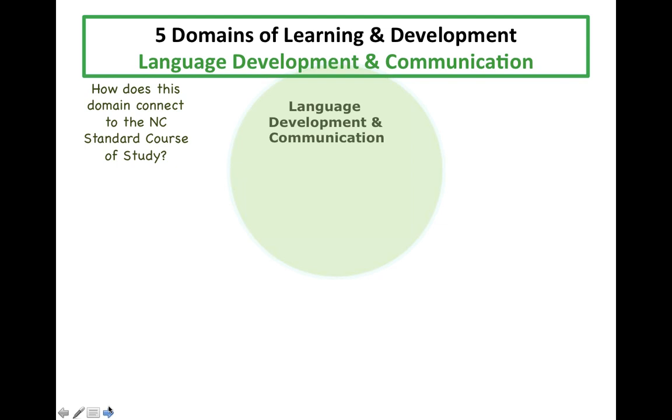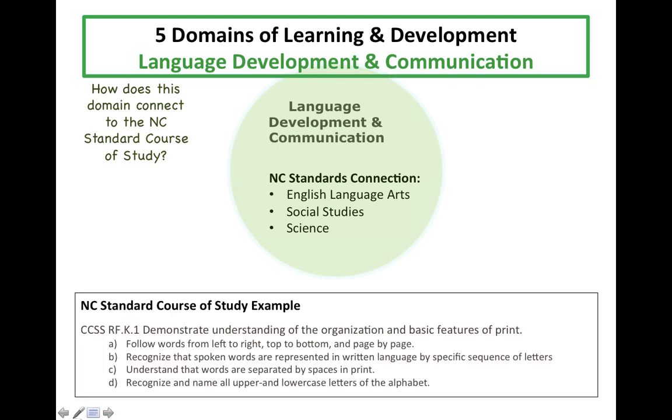So here on the next slide, you see the same format. How does this domain connect to the North Carolina Standard Course of Study? And in the bubble, you see that there are many connections that you can go to through language arts, social studies, science, and below is an example, a kindergarten standard course of study example.